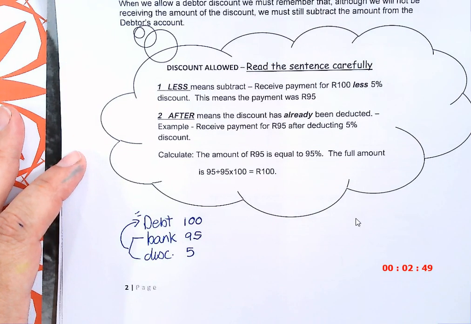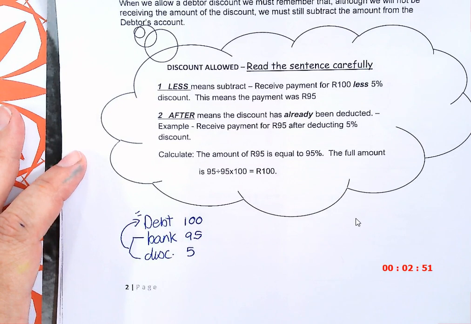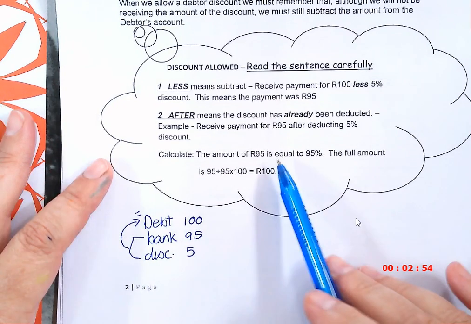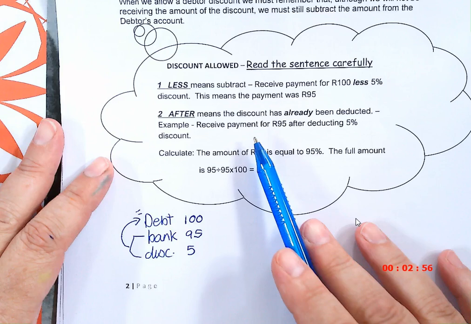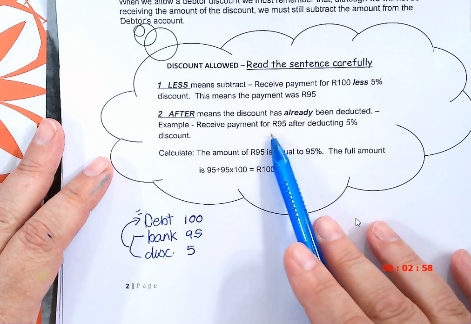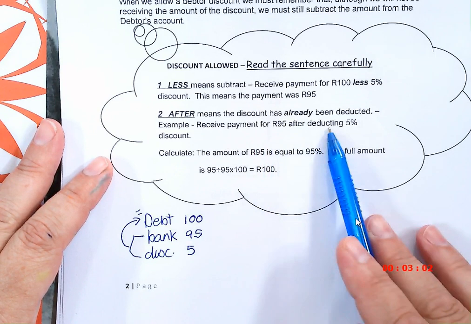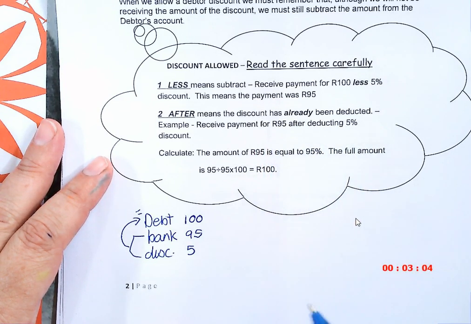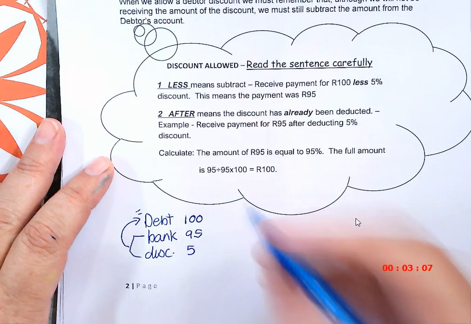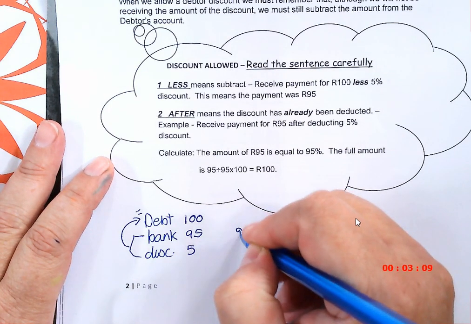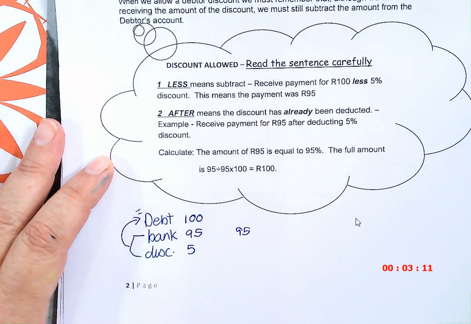You guys get it? Let's go to the second one. If they say, receive a payment for 95 Rand after deducting 5% discount. So that 95 is again my bank, because that's what I received.